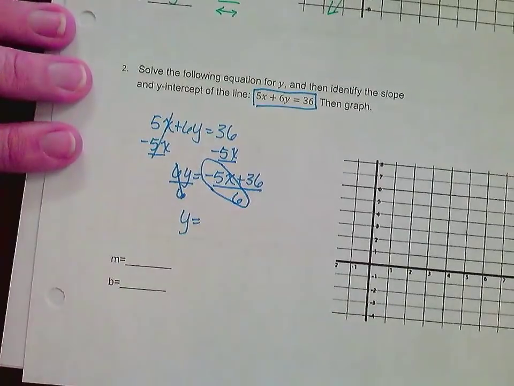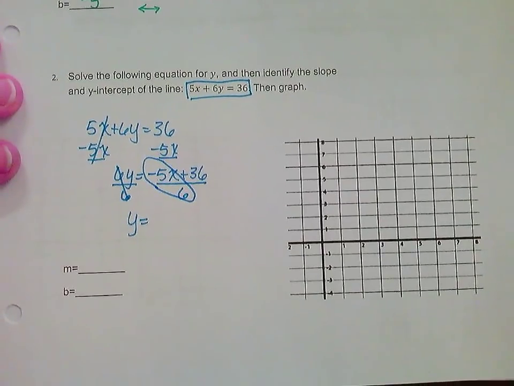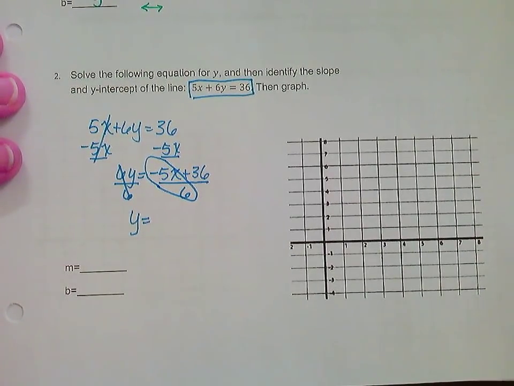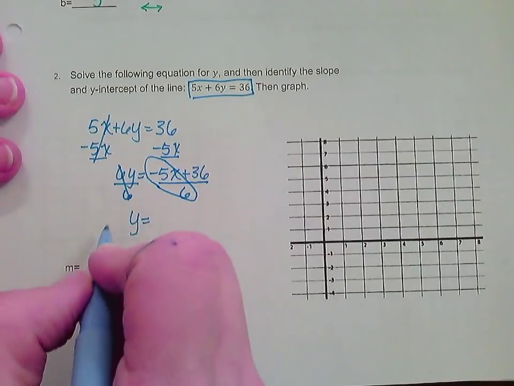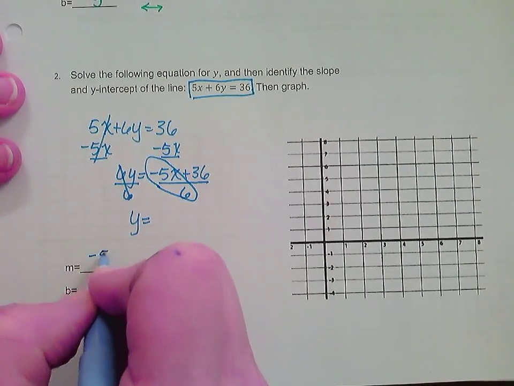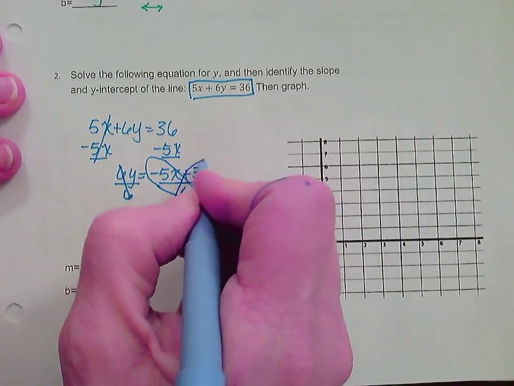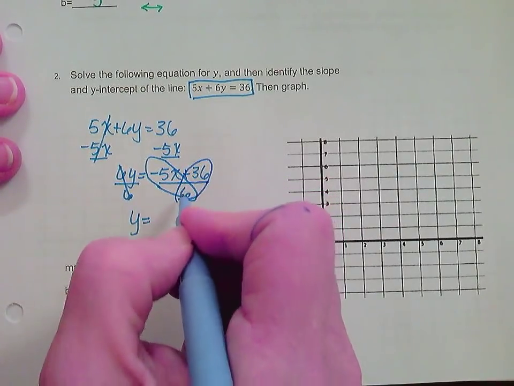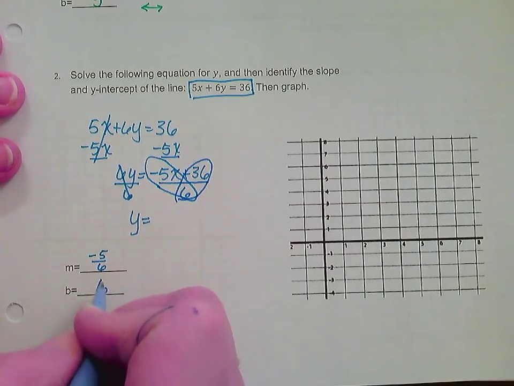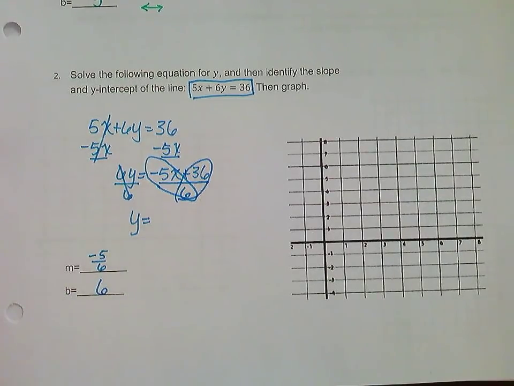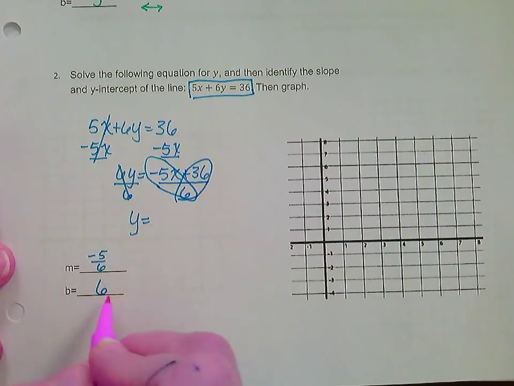Since I don't know how to graph a decimal for my slope, and I want my slope to be a fraction, I'm going to leave that as negative 5 over 6. And I'm also going to divide this way. 36 divided by 6 is 6.